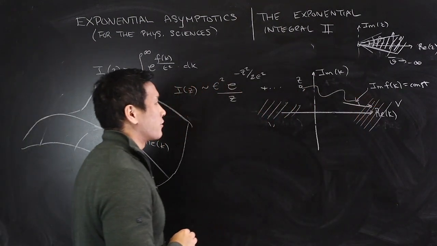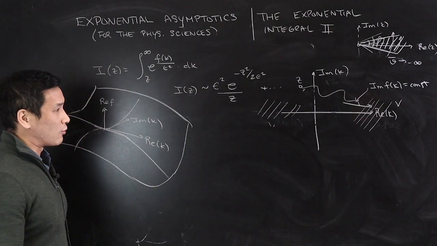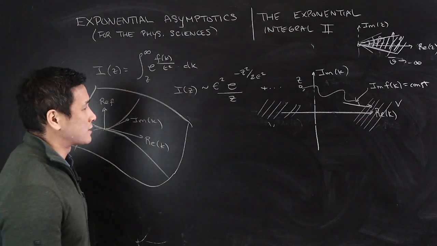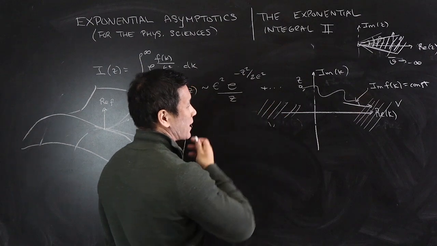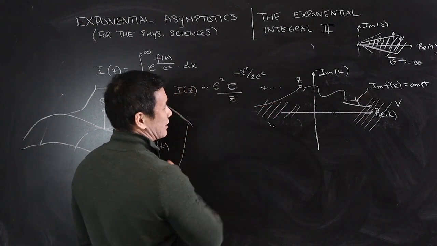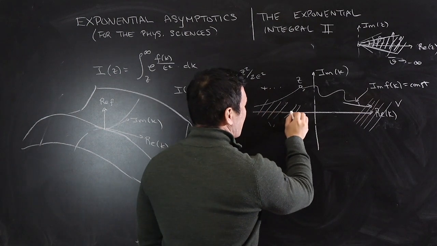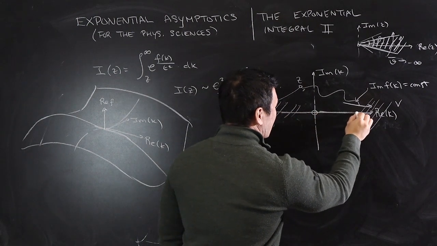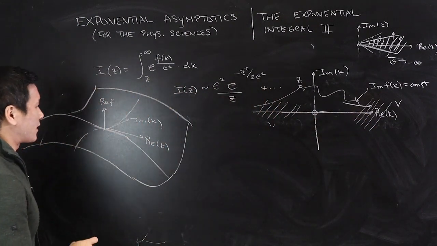It's some path that goes from z to infinity. I want to deform this, but I always have to deform into a path of steepest descent. And in this case, the path of steepest descent goes left first. It goes up to a saddle point and then down.